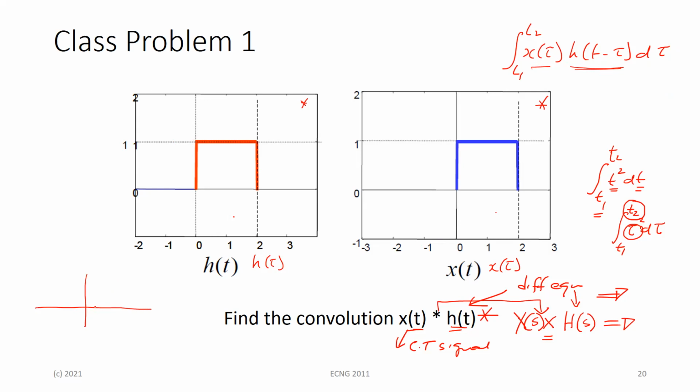If I give you a signal here, and this is h(tau) for argument's sake, h(minus tau) is that flipped around the t equal to 0 line. So h(minus tau) is going to be this. Now say h(3 minus tau) for argument's sake.